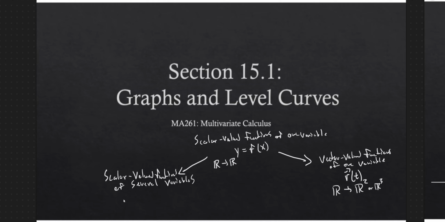And these look like, for just two variables, we'll say z equal, say, f of x, y. So now there's two inputs. And so what we're doing is we're taking something in, say, R2 and outputting something in R. So still scalar valued, the output is a scalar, and the input is a point in R2, or we could do several other variables.